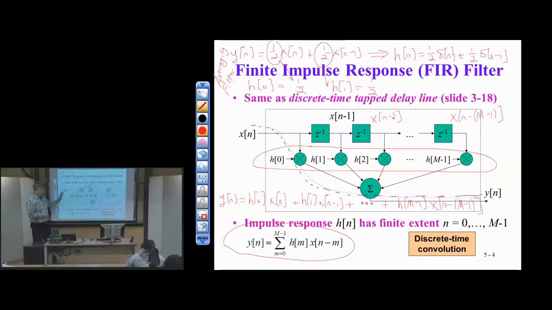Here 1. Unnormalized would be 1. So for a first order difference, H of 0 would be 1, and H of 1 would be 0. If a term is 0, we don't have to include it in the block diagram. You just remove it because I'm multiplying by 0, so I can remove that path.